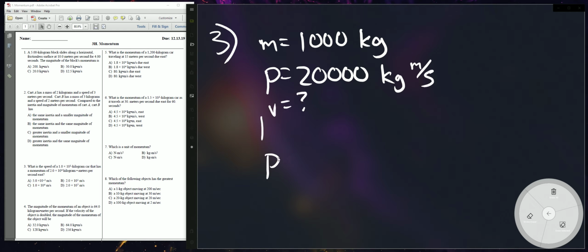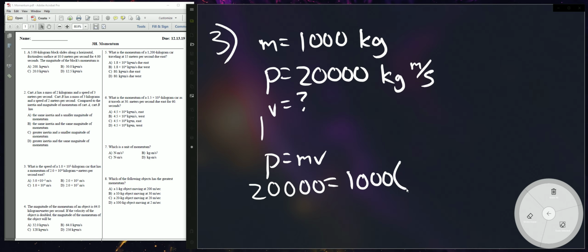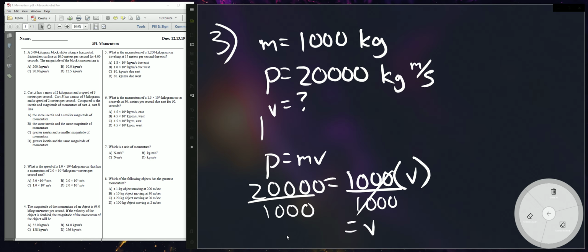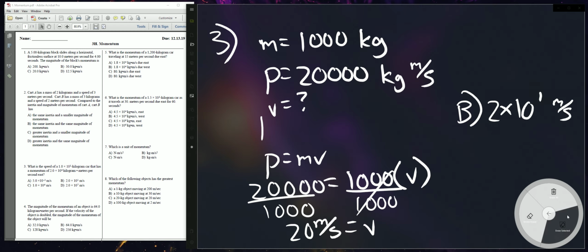Well, we know the formula for momentum is p equals mv, so all we're going to do right now is plug everything in. 20,000 divided by 1,000 is 20 meters per second. And it is B, 2 times 10 to the 1 meters per second.